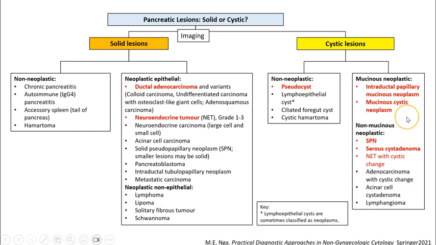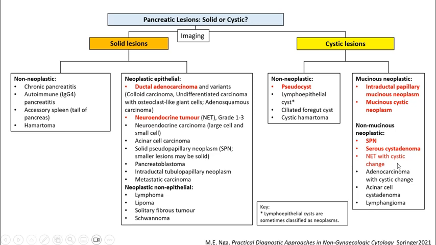Among the cystic neoplasms, I have divided them very broadly into neoplastic mucinous cysts and non-mucinous neoplastic cystic lesions. Among the neoplastic mucinous cysts, the two most important entities will be the IPMN and the MCN, and of these two, the IPMN is much more common. And then we have non-mucinous neoplastic lesions, including solid pseudopapillary neoplasms, and as I mentioned earlier, this can be cystic and also solid.